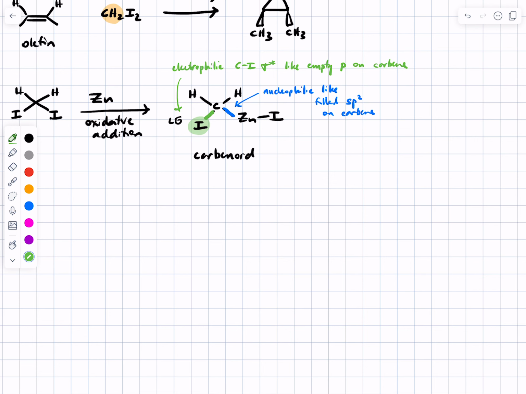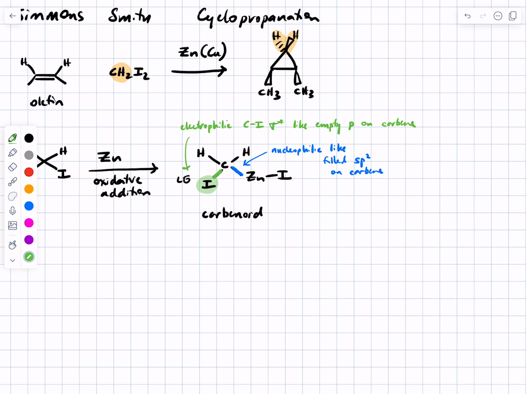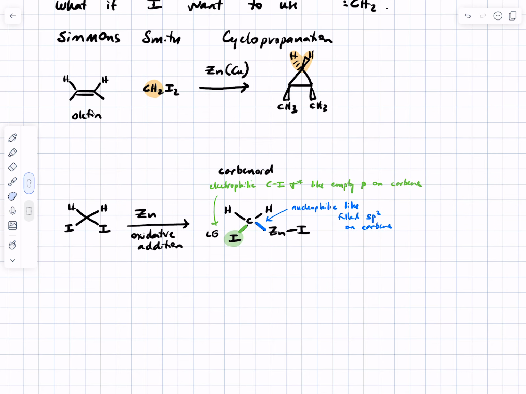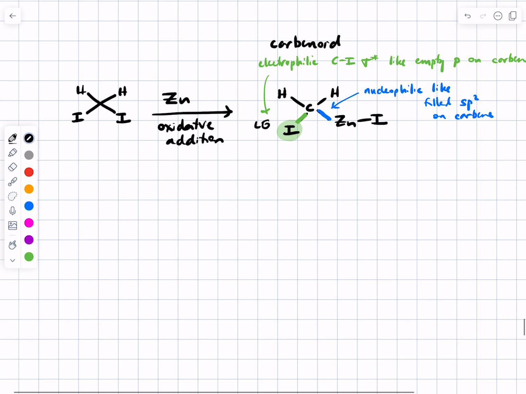So let's show you how this carbenoid works, and maybe I'll move some things down and move it around to make a little bit of space for showing you the arrow pushing for this Simmons-Smith cyclopropanation. Let's take the same cis alkene. Pi electrons will attack the antibonding orbital of the carbon iodide bond.